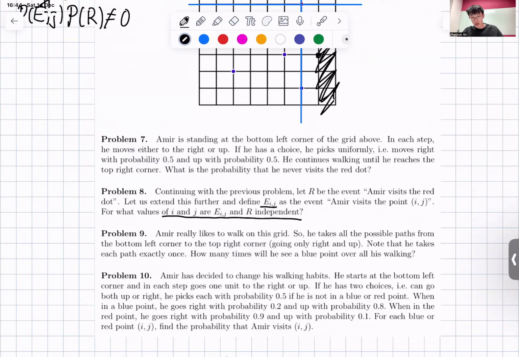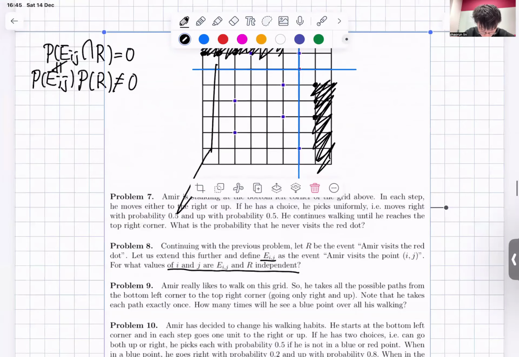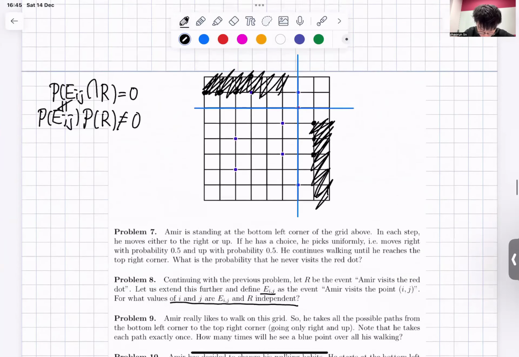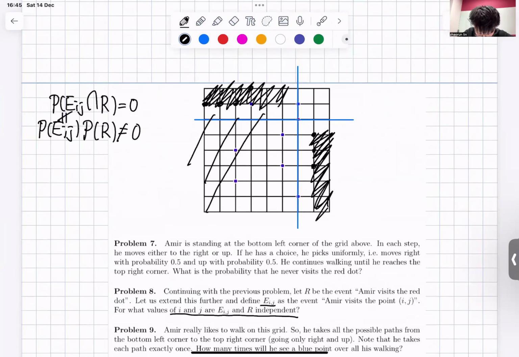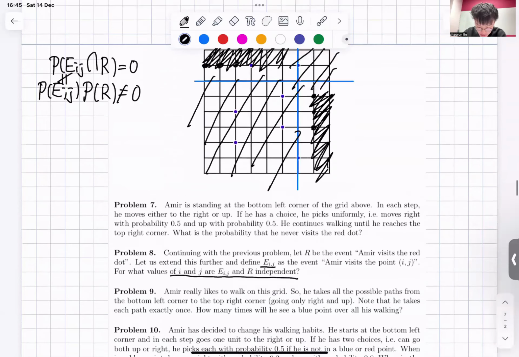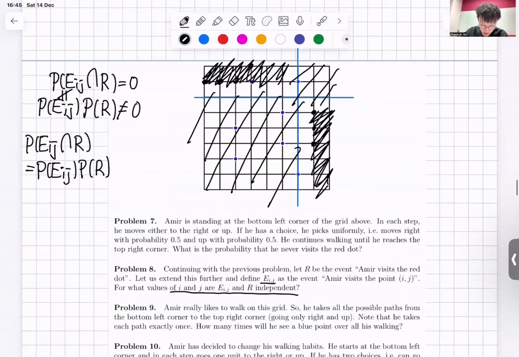And for all other points, so it's covered here, here, they are also not necessarily independent, but as long as we have P(Eij and R) equal to this, they are independent, and you can just use Python.